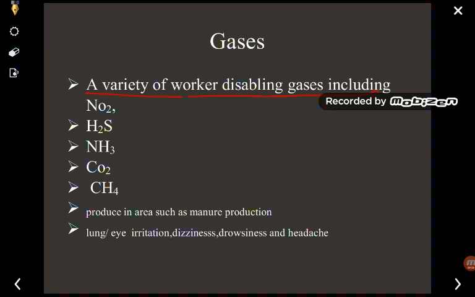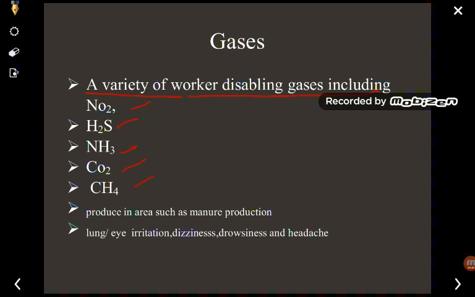These gases are often liberated from the sites. So these gases may be nitrogen oxide, hydrogen sulfide, ammonia, carbon dioxide, methane. These gases are produced at the site and during many routine operations.